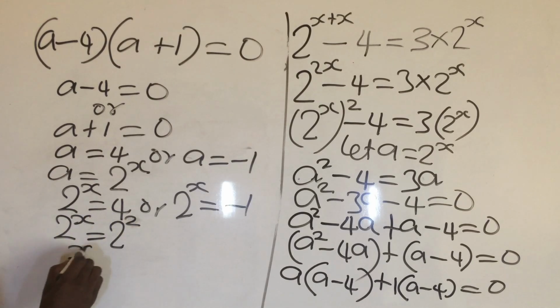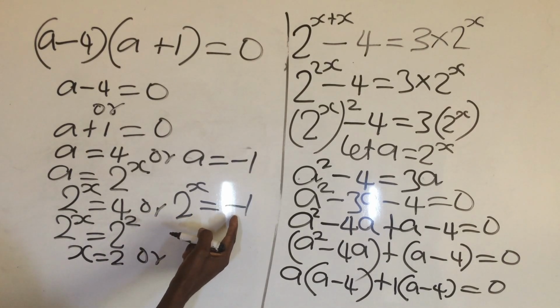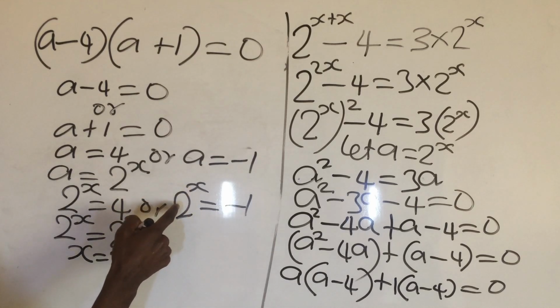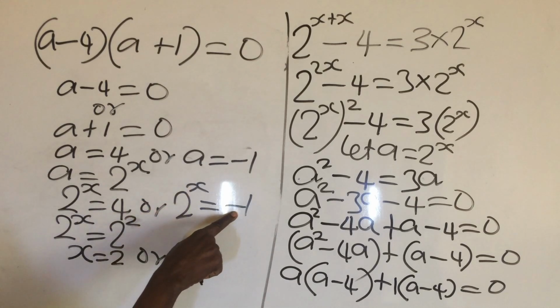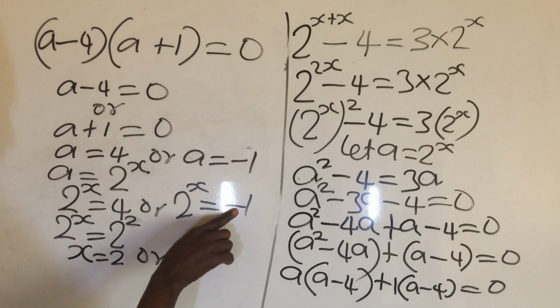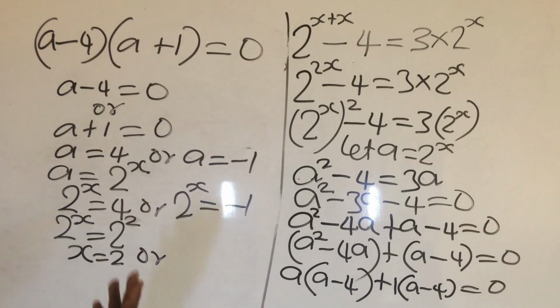We now have x equals 2 here, or coming to this place, this one cannot work. Minus 1 cannot work with this as a result of the minus sign in front of 1. Therefore, it is undeserved, okay? We pick our answer to be 2.